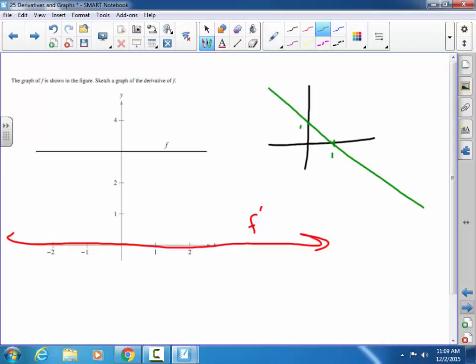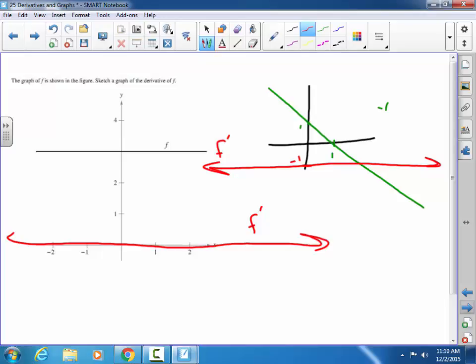Can you find the slope of that green line? What's the slope of that green line? Slope is -1. So if the slope of that line is -1, the slope is -1 everywhere. So this is a scenario where you can be exact, and you could draw that the derivative is actually -1 there. I'm not going to kill you if you don't put it at -1, but you should be able to do that.